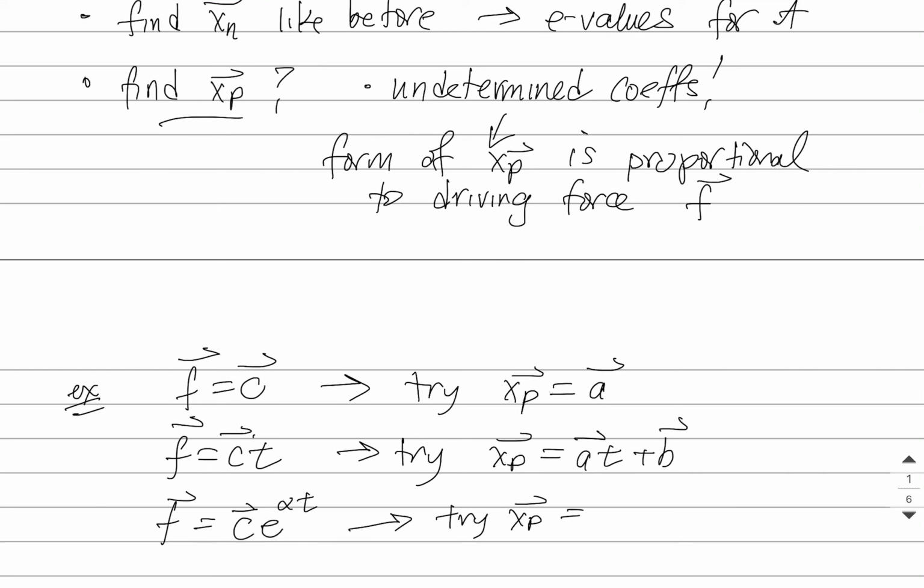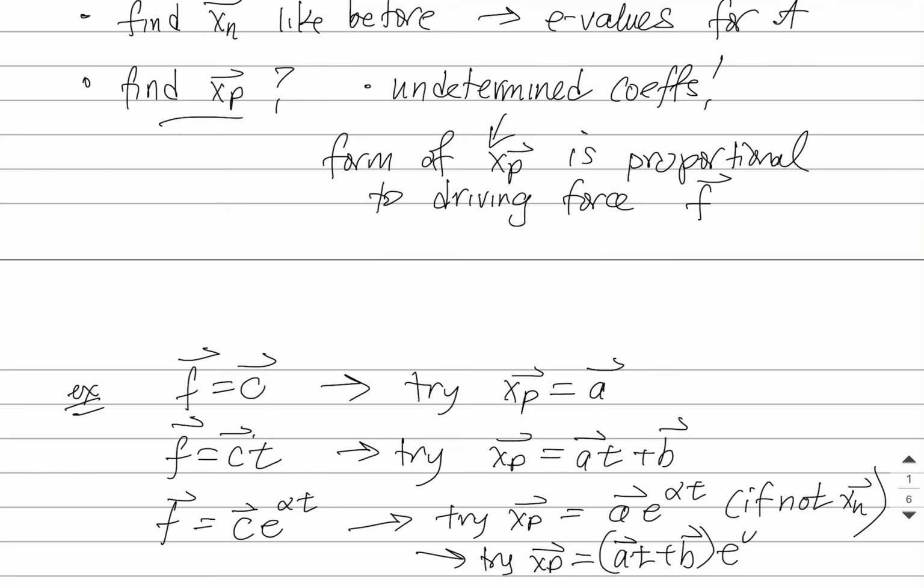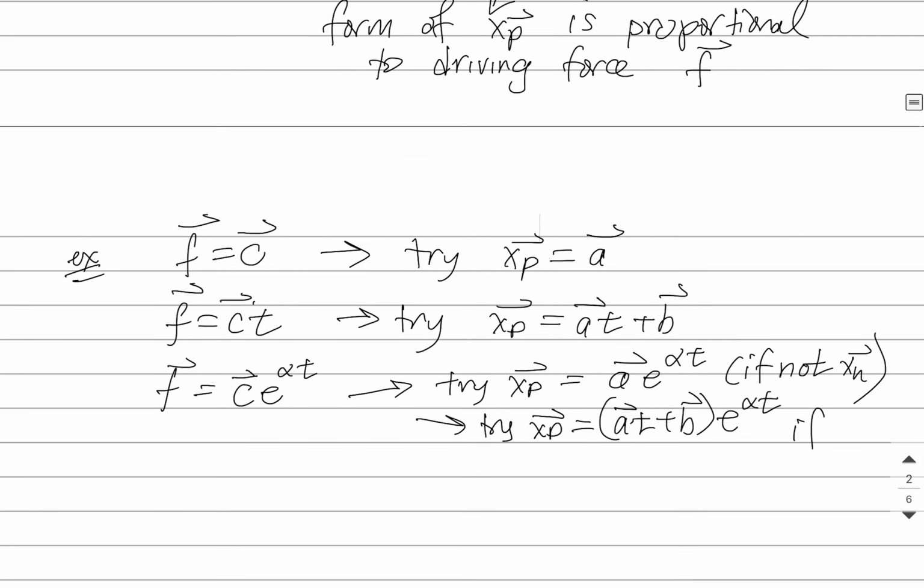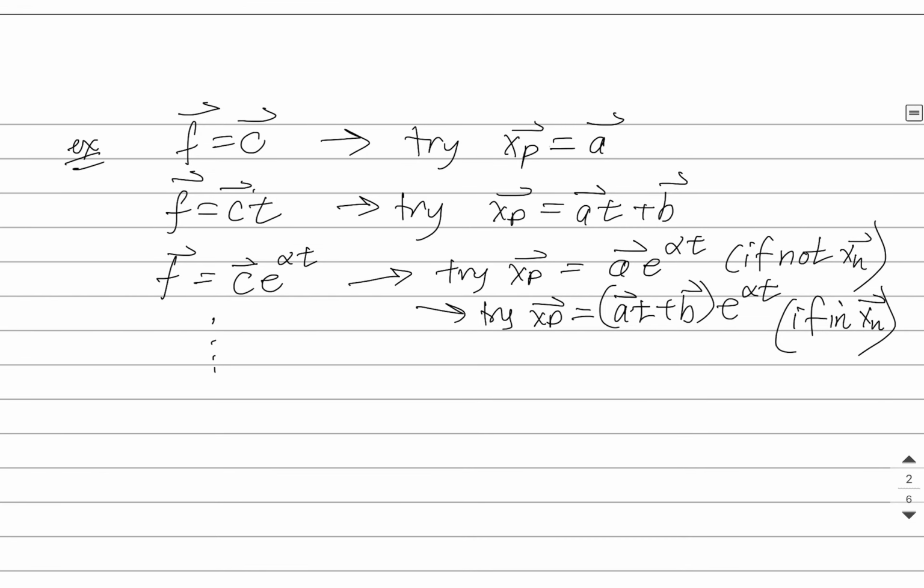We could try something that is a e to the alpha t if it's not in the homogeneous fundamental set, or we could try XP is a t plus b e to the alpha t if we are in the fundamental set. As we did earlier in the course, there are many options. So the most straightforward thing to do is just show you. Let's go ahead and start tackling some of these problems.